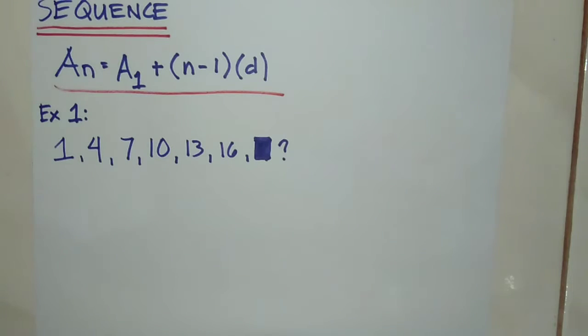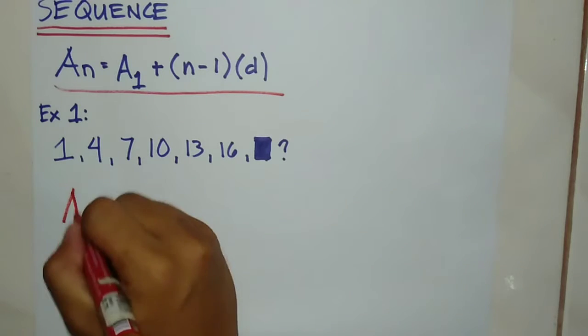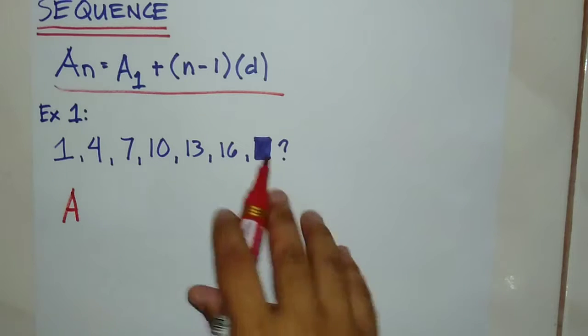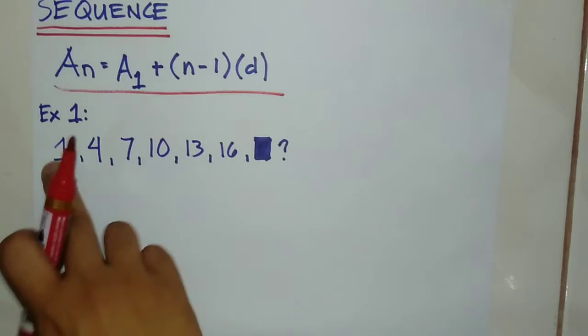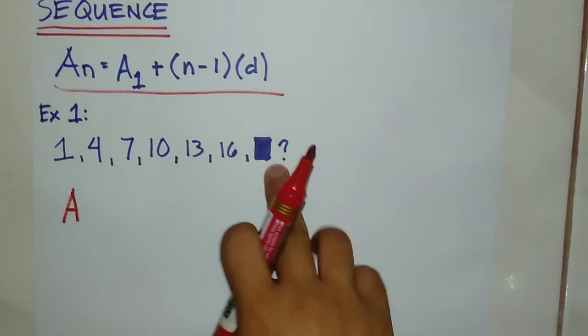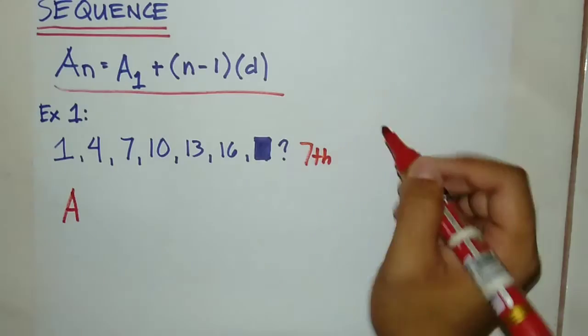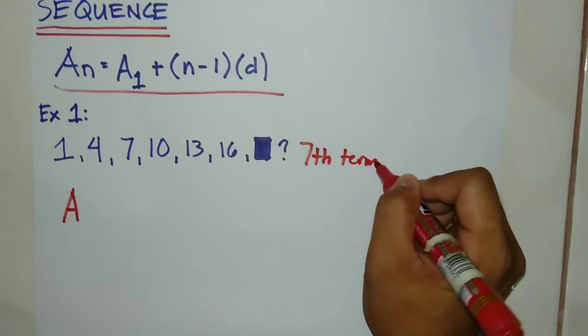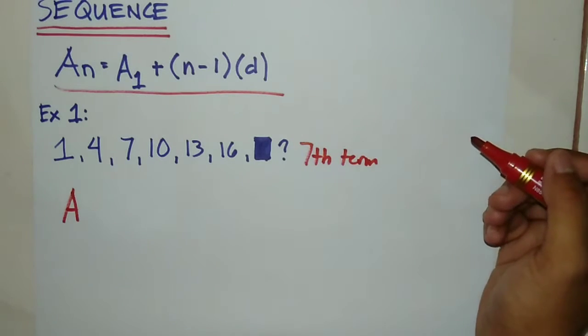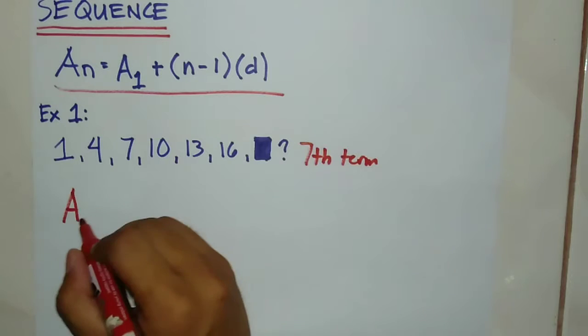We're going to find the 1, 2, 3, 4, 5, 6, 7. Seventh term in the sequence. So we're going to substitute n to 7.